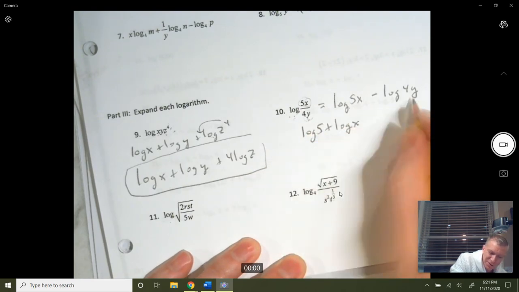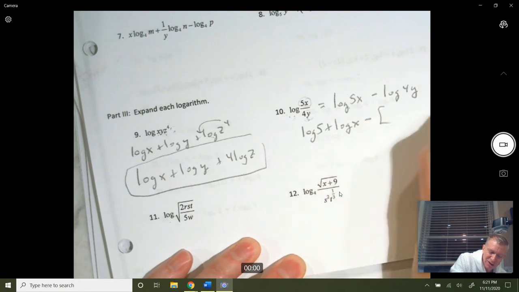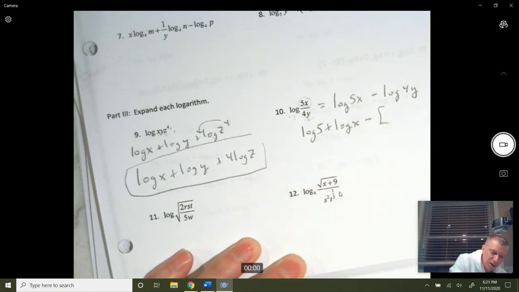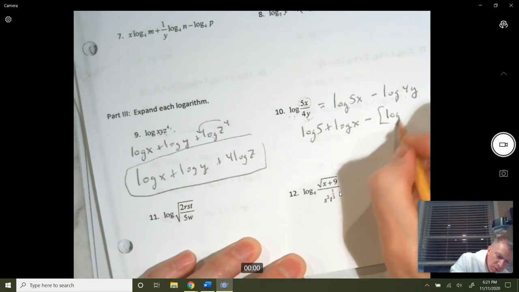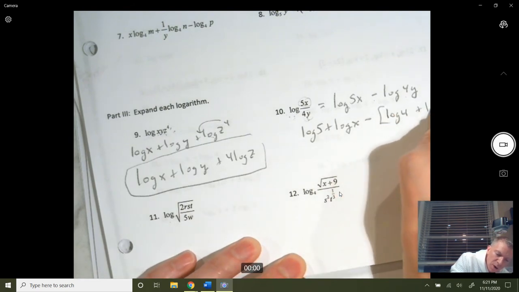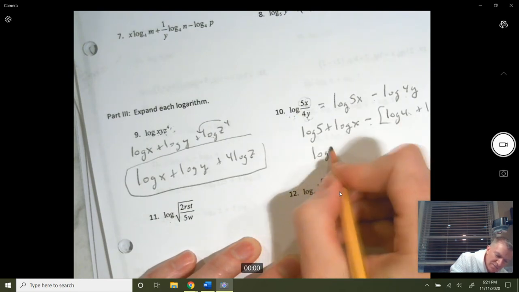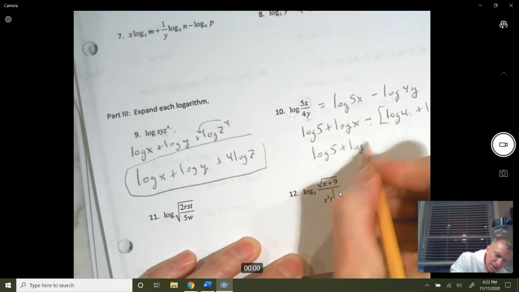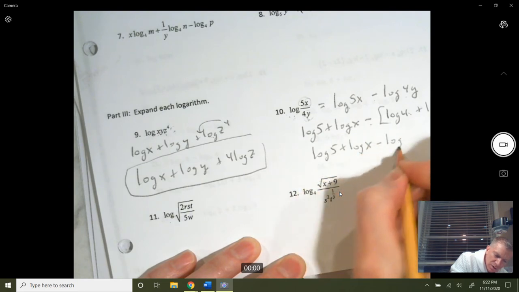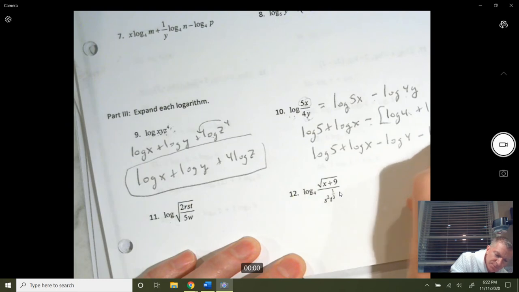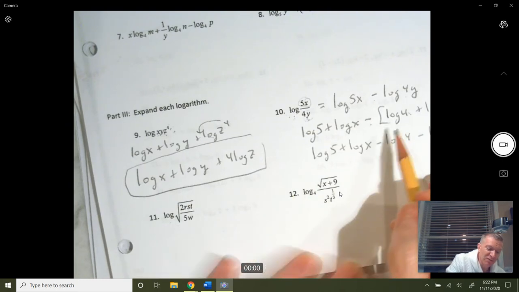Now be careful here. You're subtracting this entire log, so when we break this apart, this negative has to distribute to all the parts. So that's going to be log of 4 plus the log of y. Now distribute that negative. We get log of 5 plus log of x minus log of 4 minus log of y.